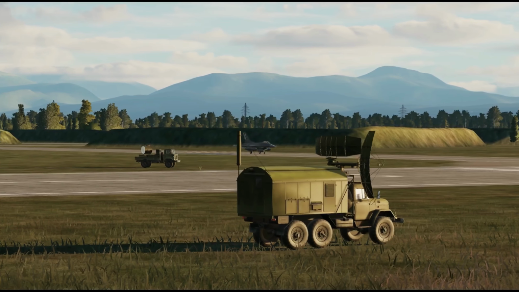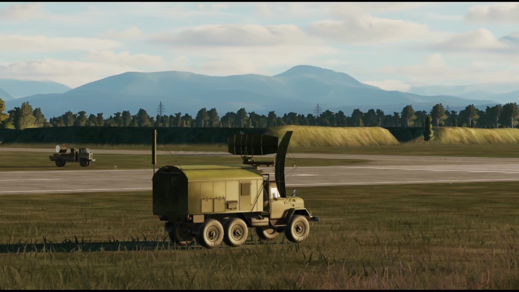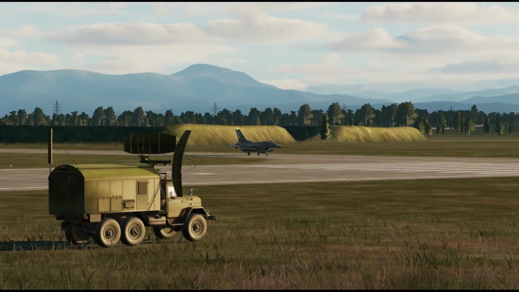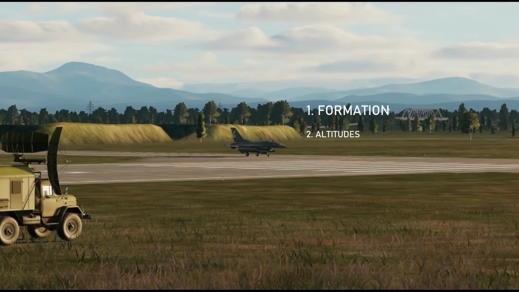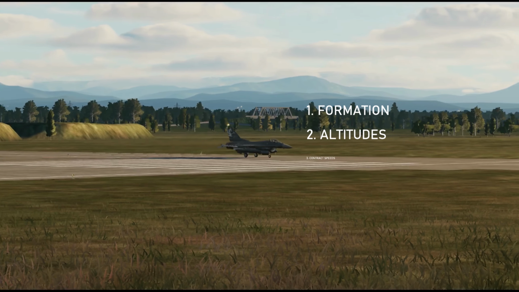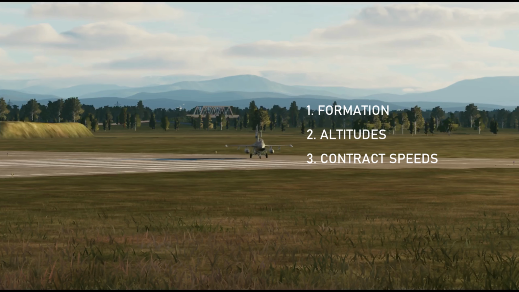When it comes down to developing the procedure for your rejoin, there are 4 main ingredients that you need to consider when developing your plan. 1, the formation to be flown. 2, the altitude in which the rejoin will be completed. 3, the contract speed for the flight and for the rejoin.